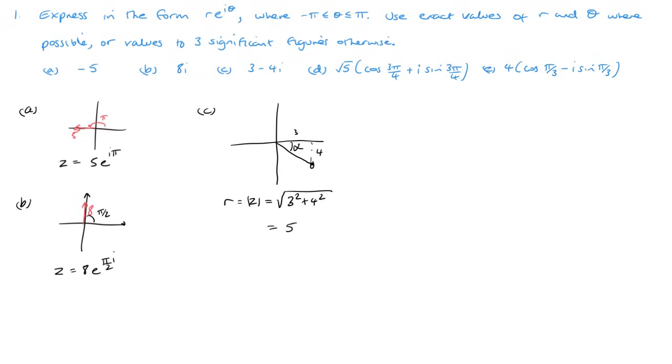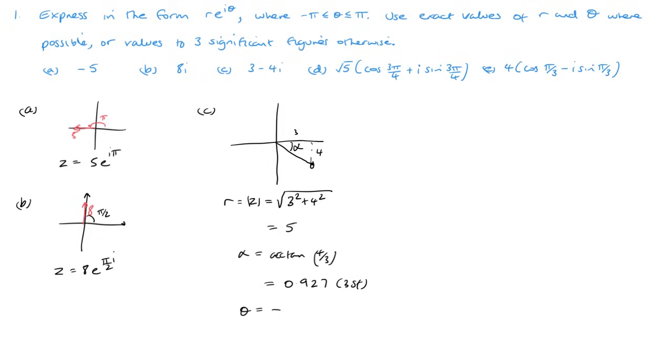And that is going to be 5. And then alpha is arctan opposite over adjacent, which is 0.927 to 3 significant figures.